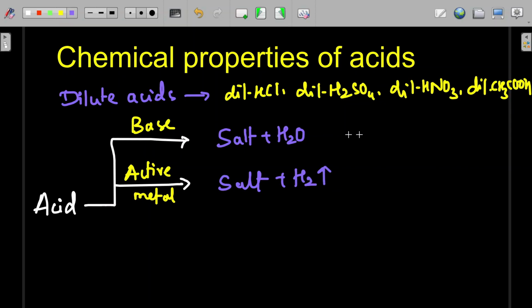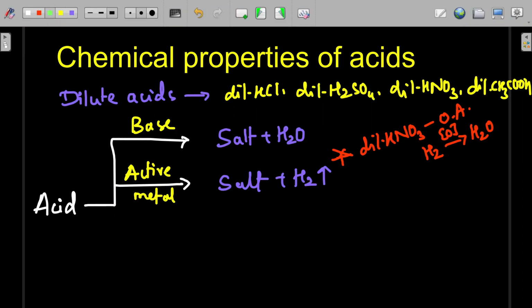Remember, there is an exception here for dilute nitric acid. We know the reason already. Dilute nitric acid is a powerful oxidizing agent. It oxidizes hydrogen to water. Hence, we don't get hydrogen if you take dilute nitric acid with metal. So we have to keep this in mind.